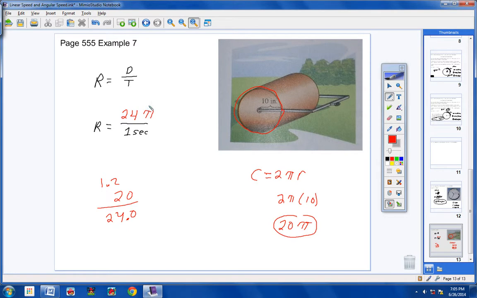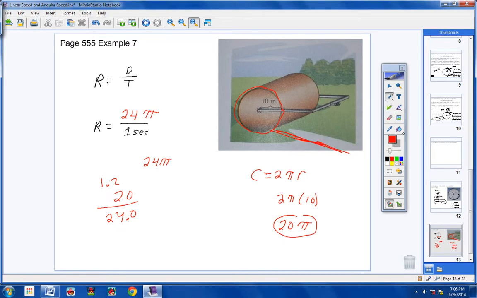So the total distance the lawn roller has traveled is 1.2 revolutions, which is how much distance on the ground? Well, it's 24 pi distance, so you have your distance divided by your seconds. Your answer could be one of two answers. You could say the linear speed is 24 pi. Now don't put radians. This is not radians. Remember, this is the circumference, the distance around the lawn roller.